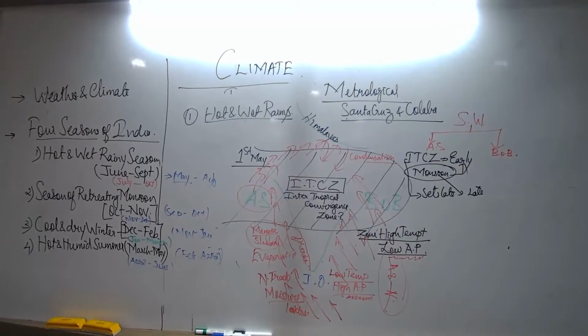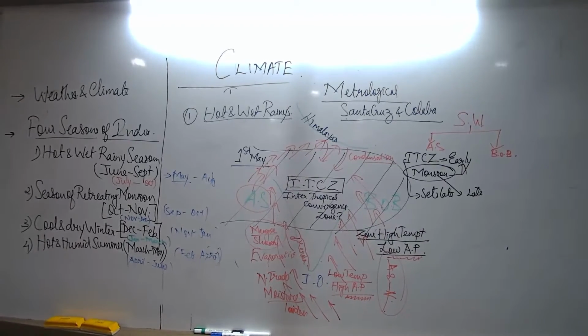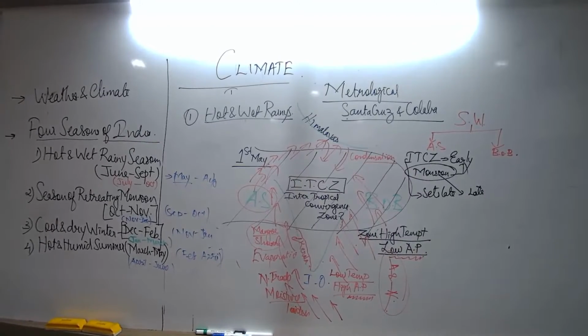And right below Southwest monsoon, two branches, Arabian Sea branch and Bay of Bengal branch.